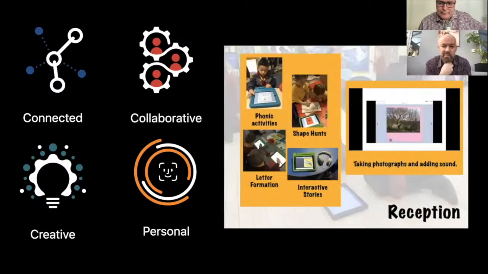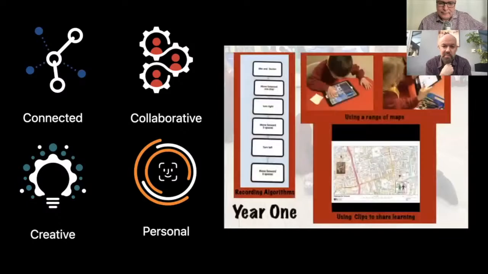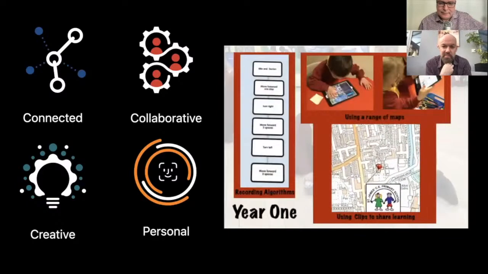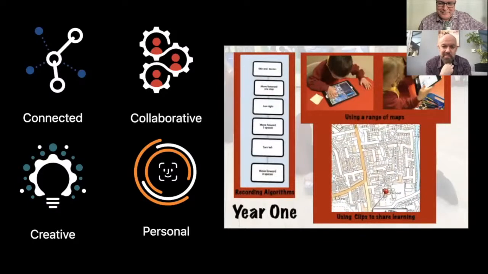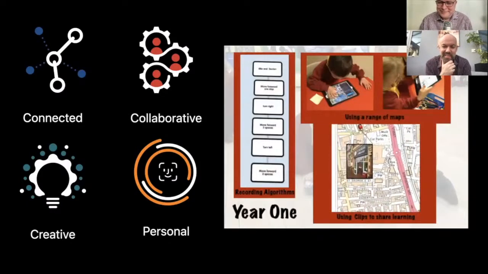The nice trees, there's no leaves because it's autumn. This is St James's Primary School. These are the roads. These are all the houses. This is the Chorley Library.